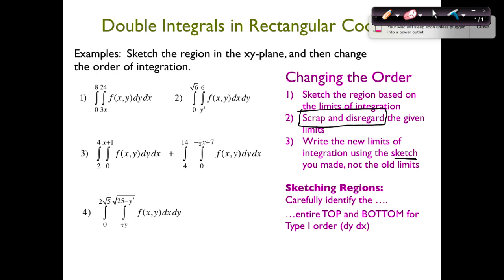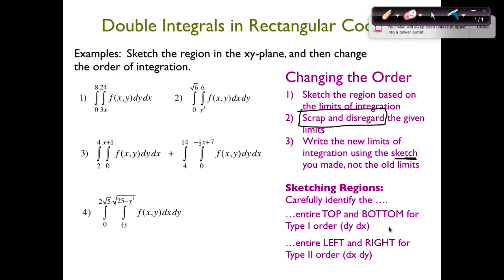And if it's type 2, you're focusing on the entire left side and the entire right side. In other words, the inside integral, the first thing that you do, is the key to the boundaries of it. dy first, bottom to top. dx first, left to right.